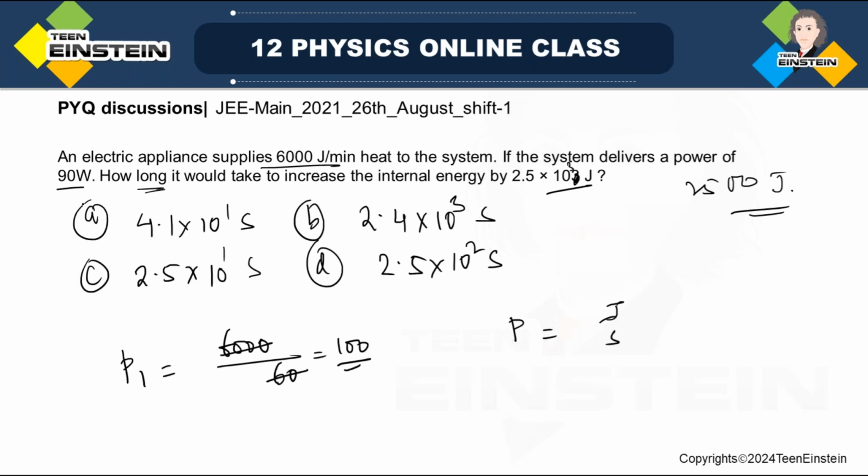Internal energy, here actually we have to go with this equation.